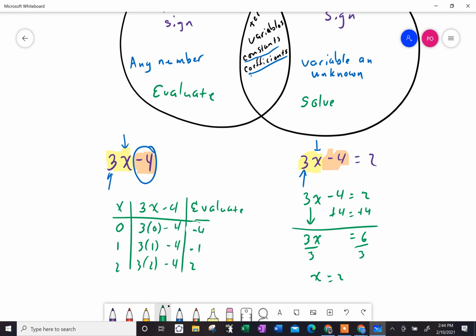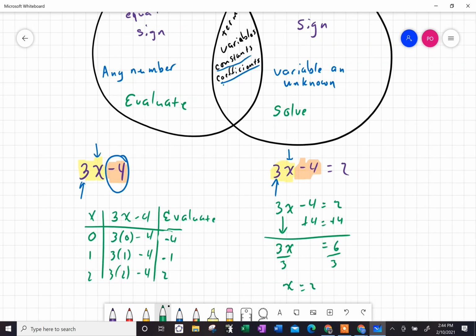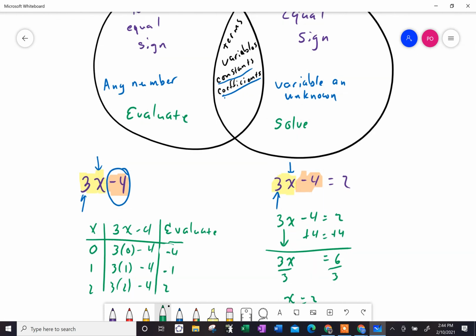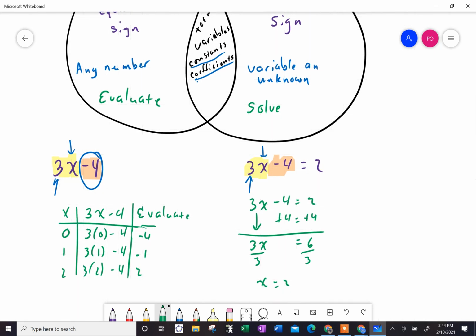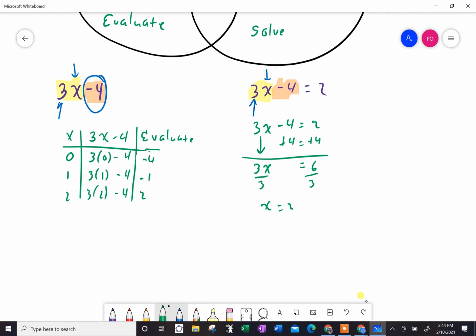Now this is true if we only have one variable. But if we have two variables, now we're not solving for it. Now x can be anything. So for example, I've been using this example all week long. What if I have Celsius is equal to 9/5 Fahrenheit minus 32?